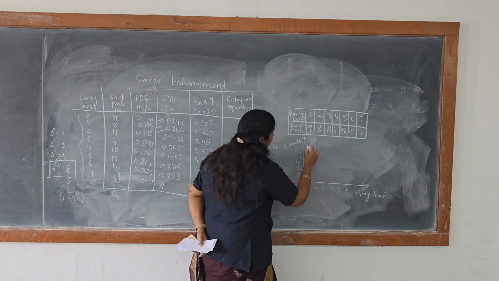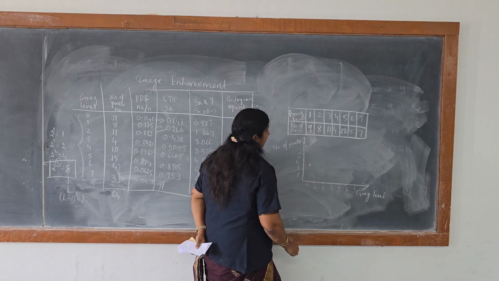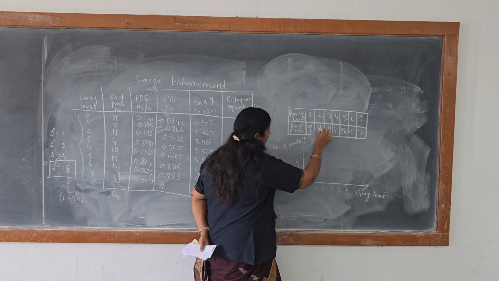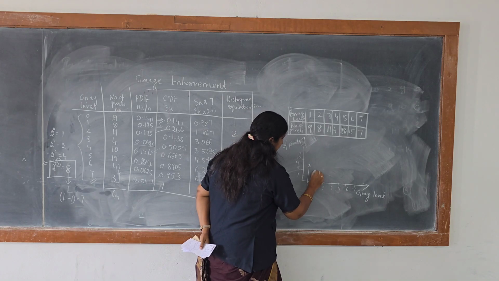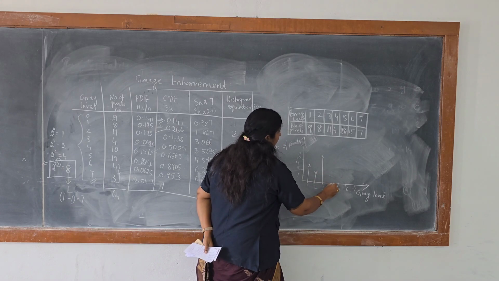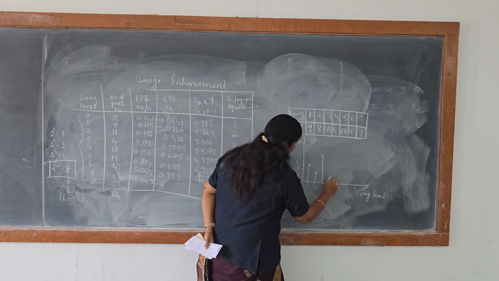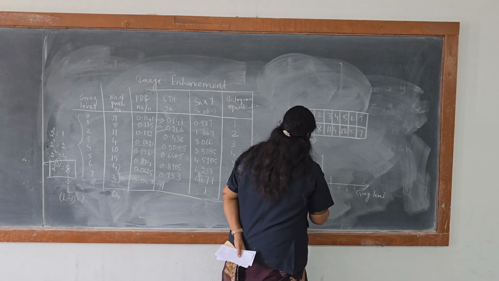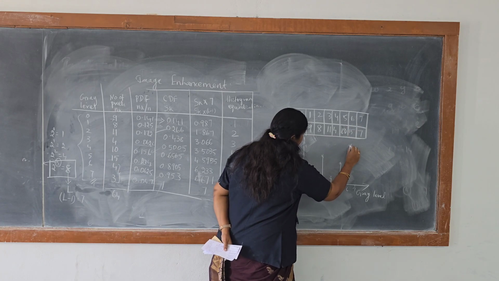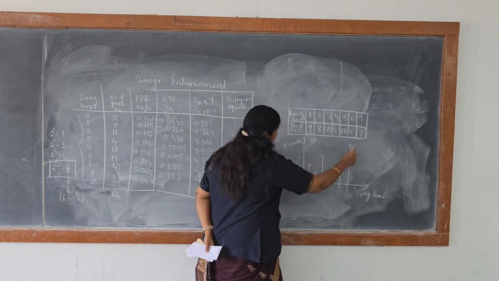Okay. So for the gray level 1, the number of pixels is 9. Plot it like this. Then 2, 8. Then for 3, 11. Then for 4, it is 4. Then for 5, it is 10. For 6, it is 15. And for 7, it is 7.